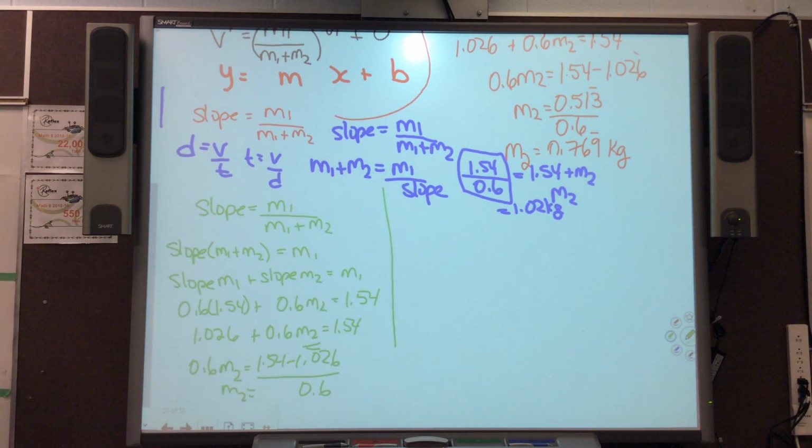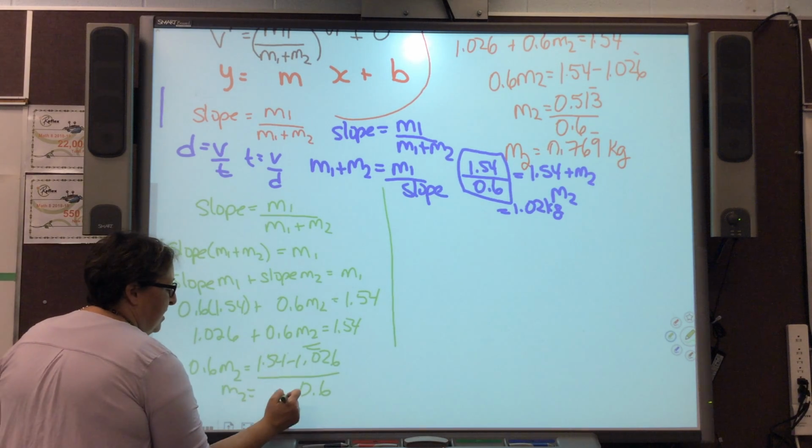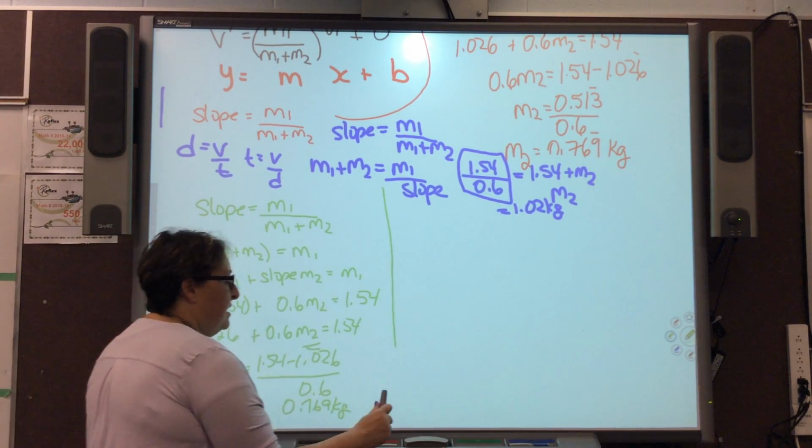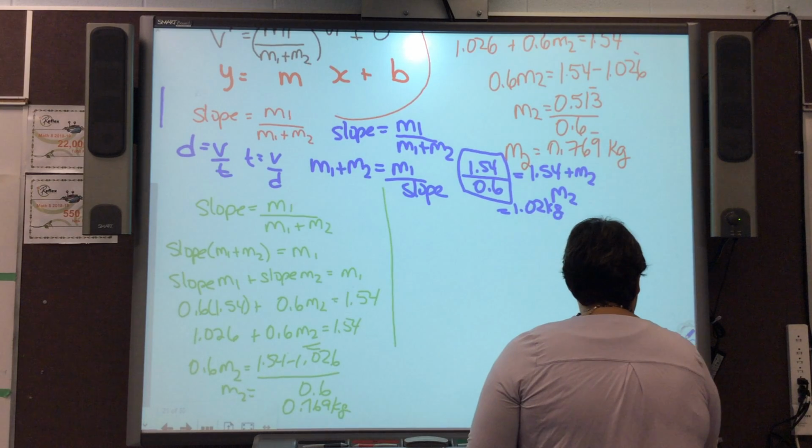So when you do that, you get the 0.769. Do you agree with what Reese did for his math? Okay, so 0.769 kilograms. Now, there's another way to do it.